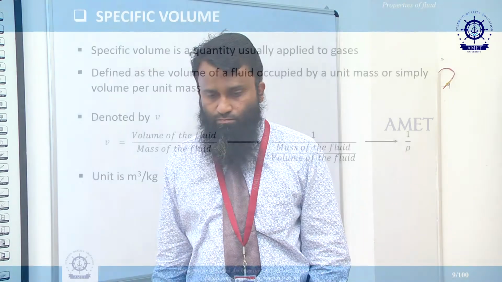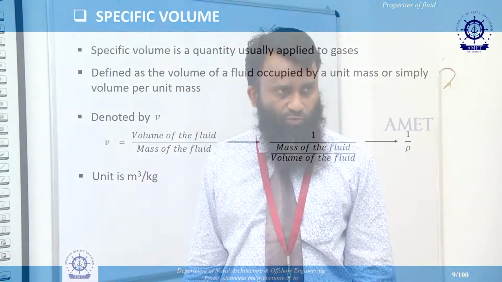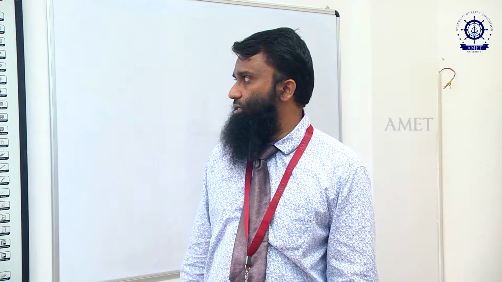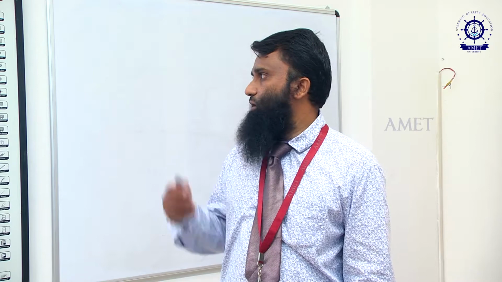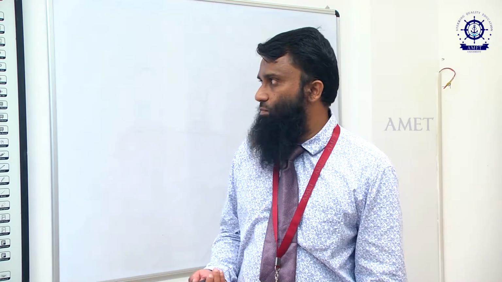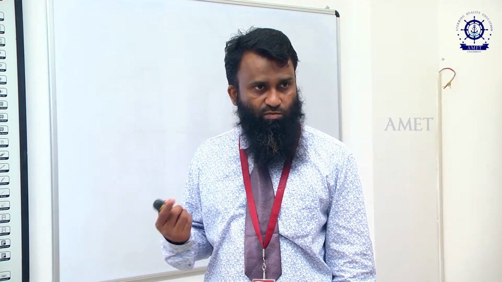The third property is specific volume. Most of the time this is applied to gases. This property is basically used for compressible fluids, that is, for gases. It is defined as volume by mass. The volume per unit mass is defined as specific volume, denoted by small v.